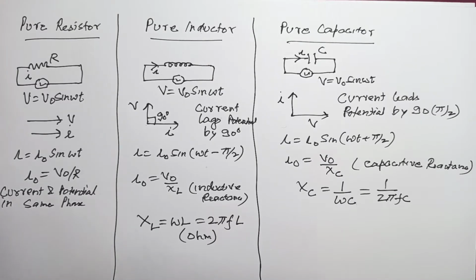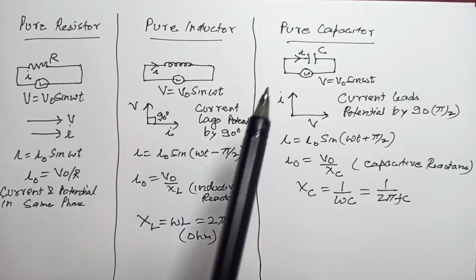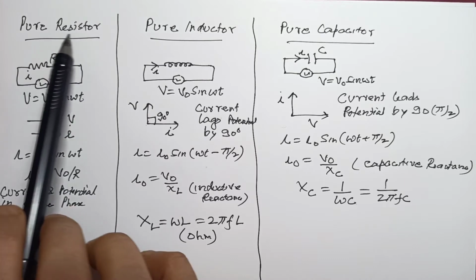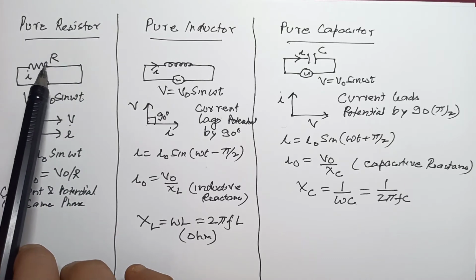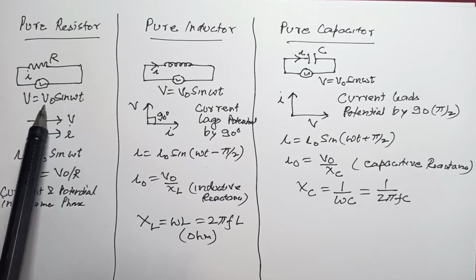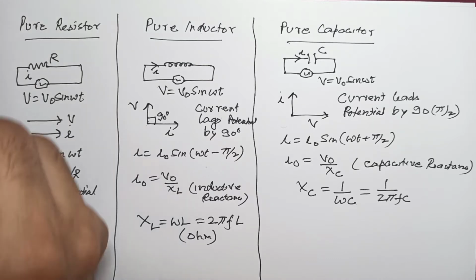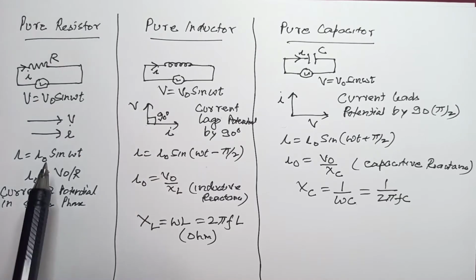Now there is another way of summarizing everything, which will condense whatever we have done up till now. This is the way I have broken it up. If we talk about a pure resistor, there is only a pure resistor in the circuit, and of course the AC supply, and the flow of current.